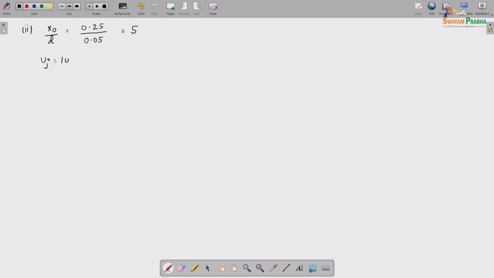Uj is 100, therefore 100 by u naught by x by d, which is 0.05 minus 5, because it's x naught by d, is equal to 1 by b or 1 by 6.